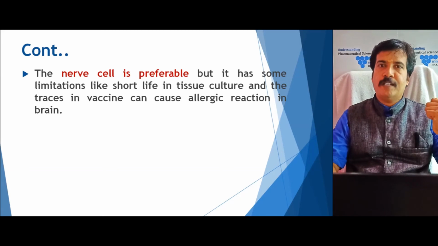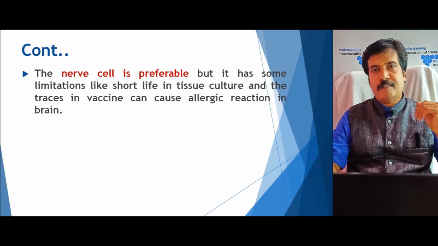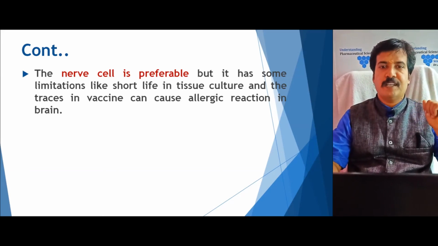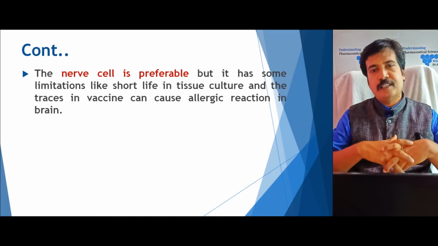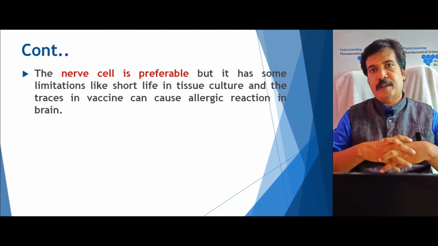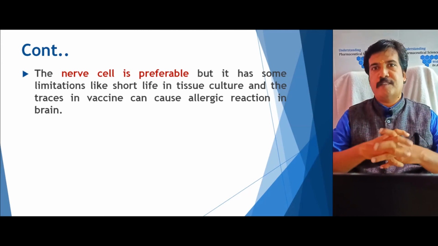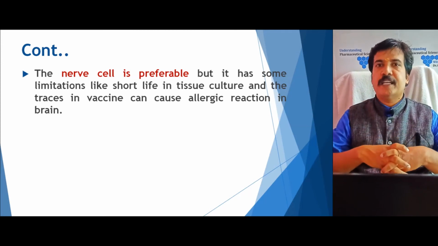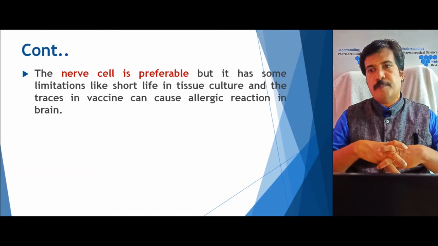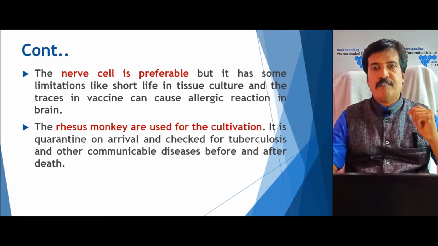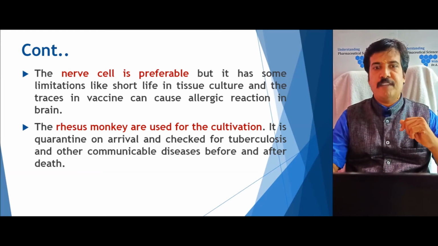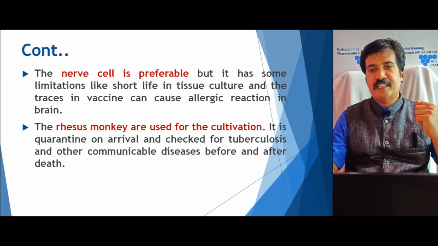So what's the problem? We can cultivate in nerve cells also, but the problem with nerve cells is that they have a short life, and second, if any traces of nerve proteins come into the vaccine, it can cause an allergic reaction to the brain in human cells. So that's why we avoid nerve cells and choose the rhesus monkey kidney cells.